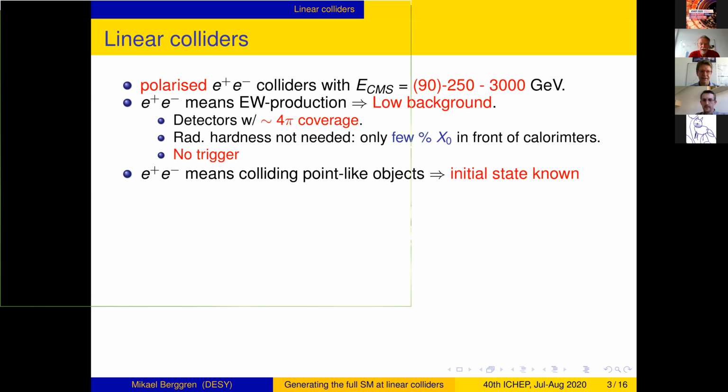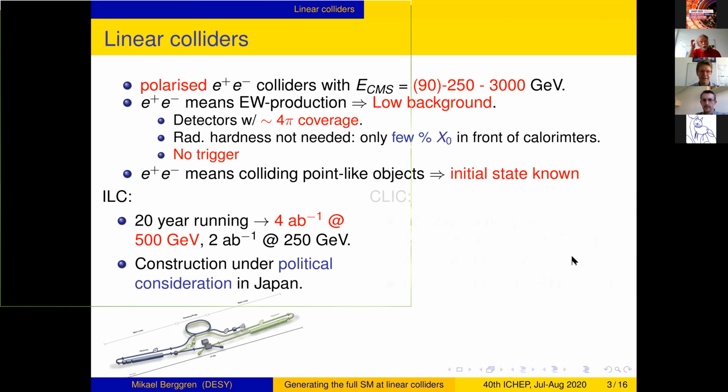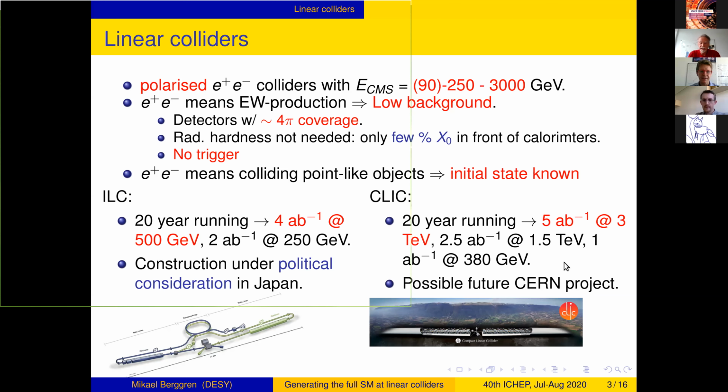They can be thin because they don't need to be radiation hard, and they do not need triggers. In addition, since electrons are point-like, the initial state is known. So there are 2 projects: the ILC and CLIC. ILC is under serious political consideration in Japan, and CLIC is a possible future project at CERN.